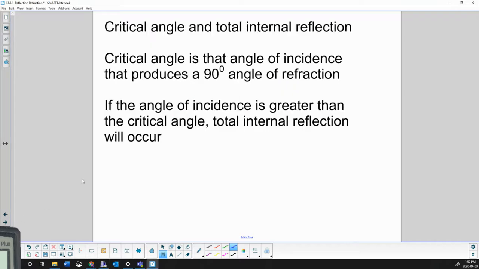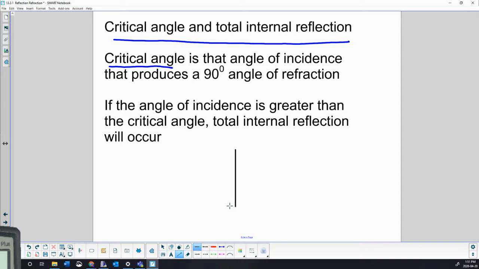So, couple definitions. Critical angle and total internal reflection. What are they? Well, by definition, the critical angle is the angle of incidence that produces a 90-degree angle of refraction. So, getting back to that example, if I have a boundary between two mediums, let's say I have on one side water and one side air, as we used before.